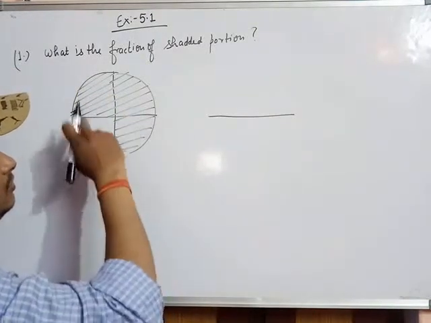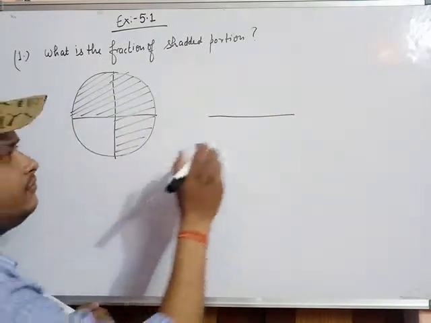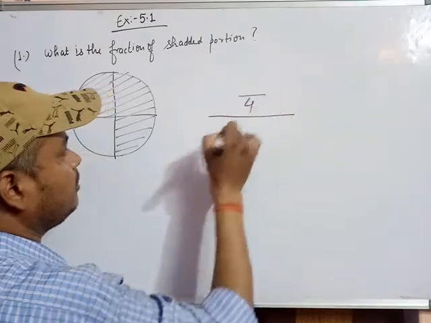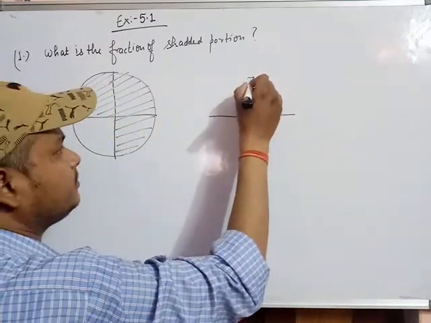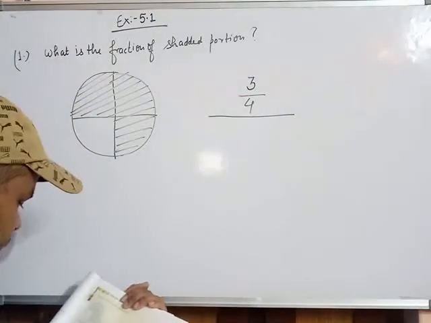So students, the total number of parts is 4 and how many parts are shaded? 3 parts. So the fraction is 3 upon 4.